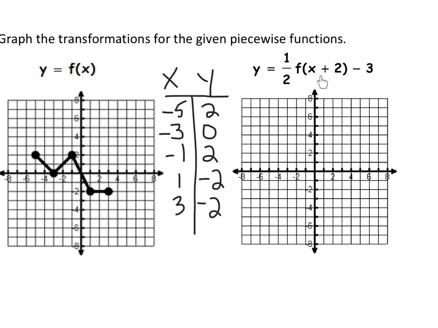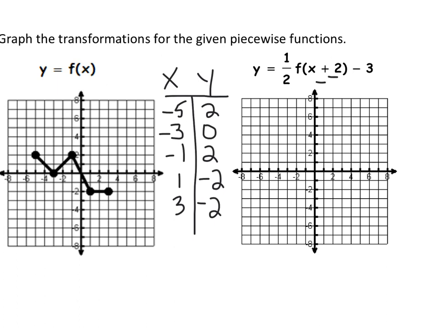But since I am moving this graph to the left 2 units, I need to subtract 2 from each one of these numbers. Now this says +2, and I know you're thinking, I just can't get this, Miss Stiles. I don't understand why it's subtracting 2 when it says +2. Well, remember, this is actually minus a -2, okay?